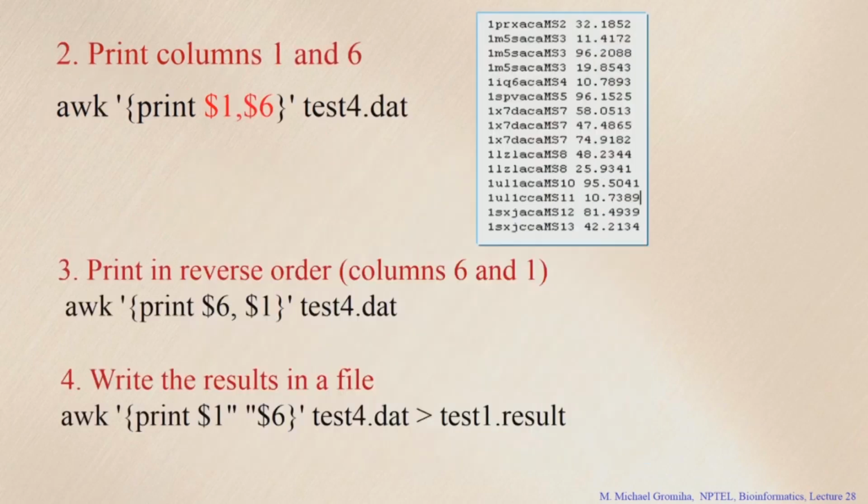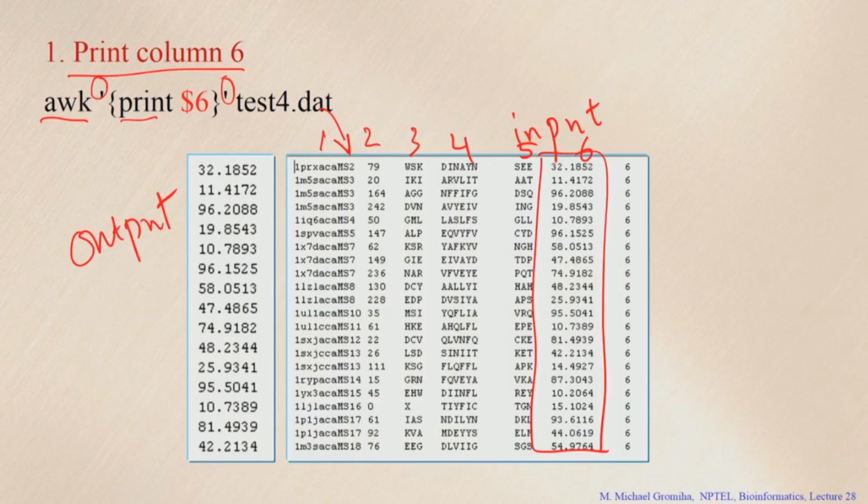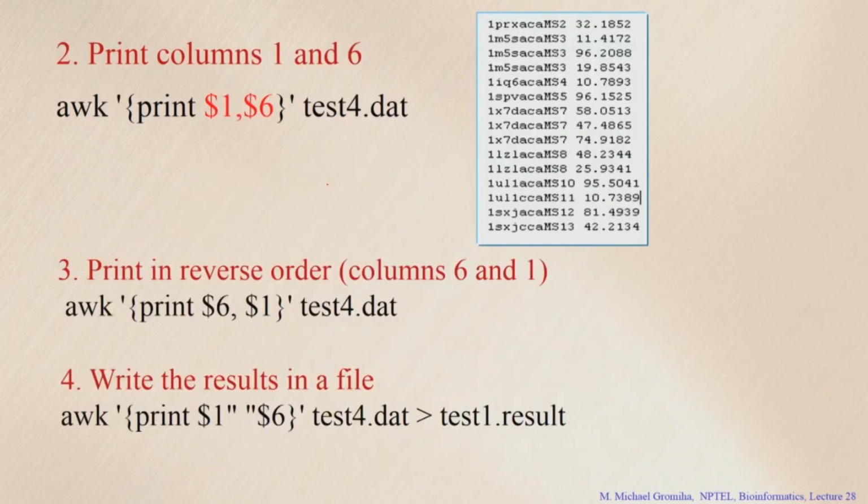For example, if you want to print two columns, $1 and $6, I want to get the codes plus the numbers. How to do this: awk, and in quotes you give the action, print $1 as well as $6, then you give the input file name.